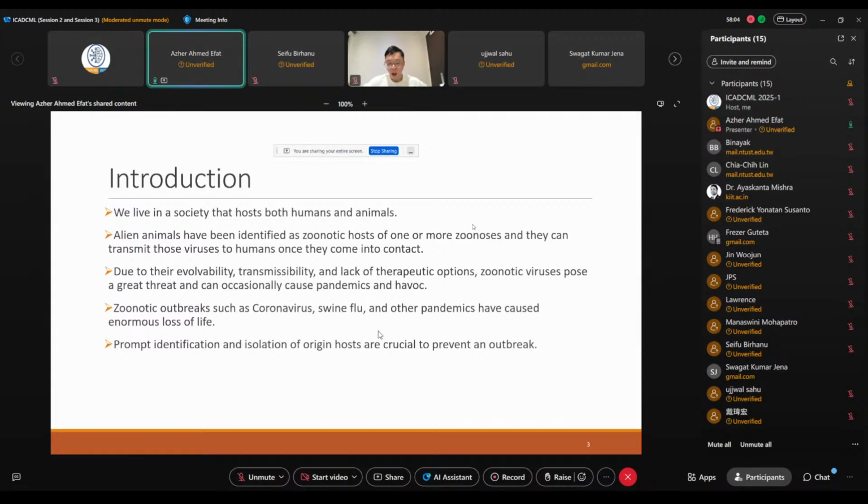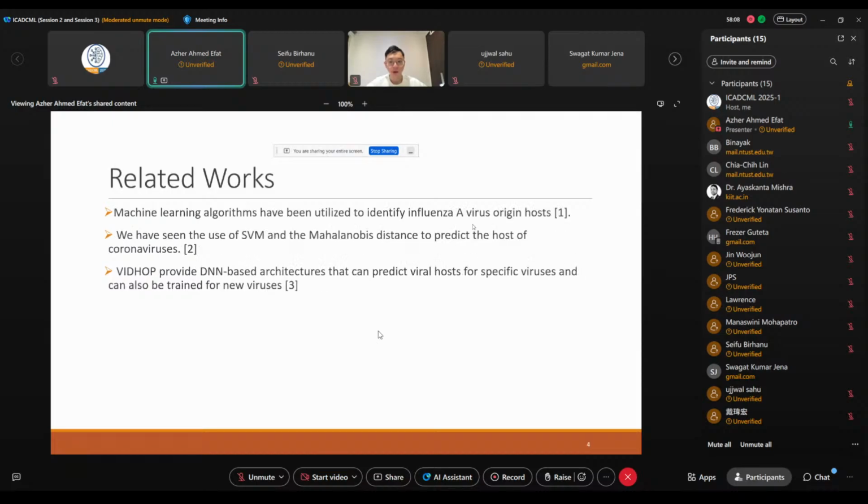So we thought, what if we could promptly identify and isolate the origin host of those viruses so that we can prevent any outbreak or at least minimize the loss of life when these viruses start spreading. For that reason, we first looked into similar works in the literature. There are works using traditional machine learning models like SVM, random forest, and others to identify the origin host of influenza A virus, coronavirus, and other viruses.